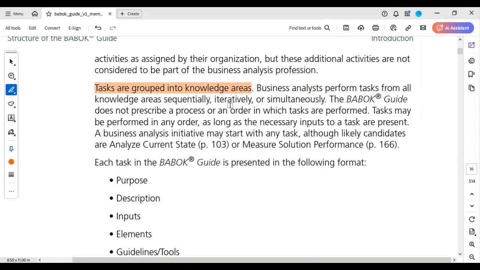A business analysis initiative may start with any task, although likely candidates are analyze current state or measure solution performance. So telling you that the business analysis initiative may start with any task, and likely candidates that you may start with are analyze current state or measure solution performance. I think the reason why they brought these two forward is this.